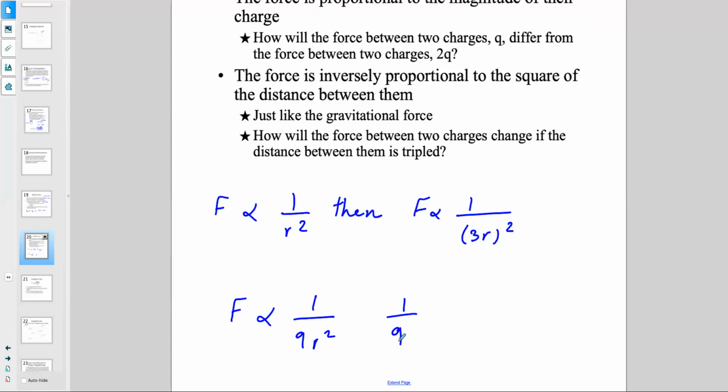Okay, so it's 9 times smaller. Now you have this new F. As you can see, you have a factor of 1 over 9. This means that you have 1 over 9 times 1 over r squared. That was our original relation. Now you have 1 over 9 as a ratio, or 1 over 9 as a coefficient right there.